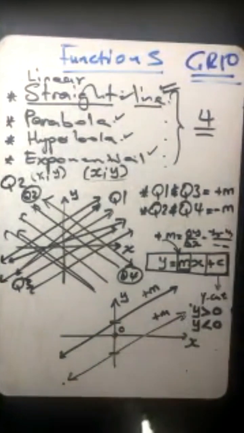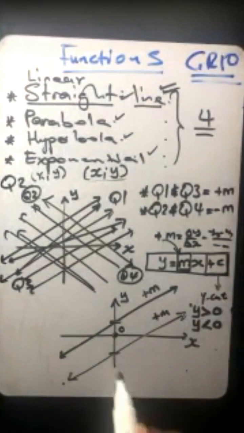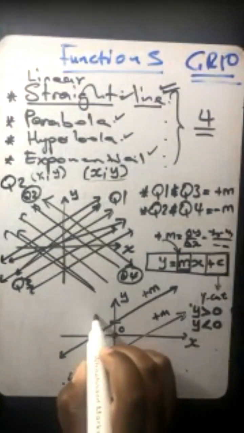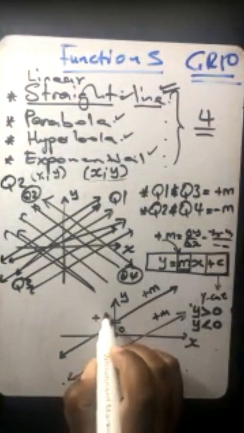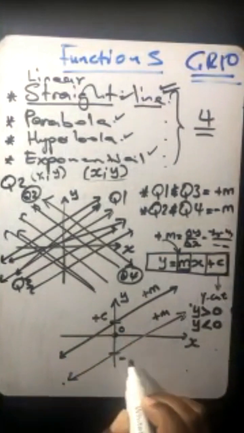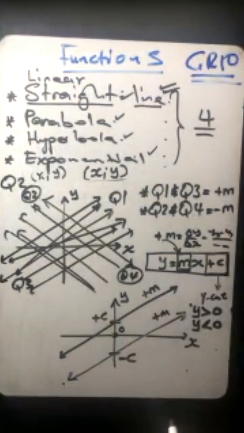So that is why we are saying here you're going to have a positive c value. Here you're going to have a negative c value.